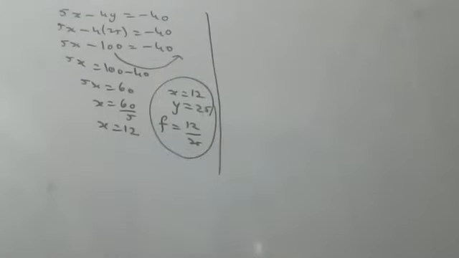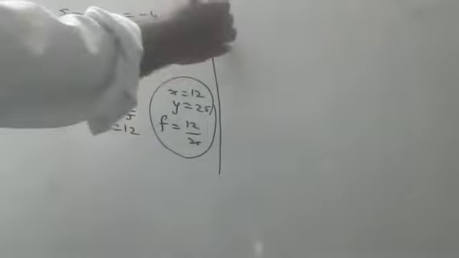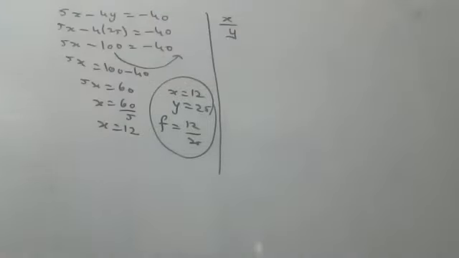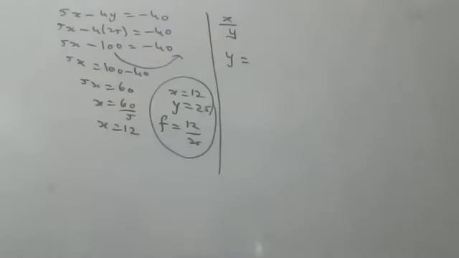So the fraction is x by 2x plus 4. x by y is the fraction. The denominator is 4 more than twice the numerator.